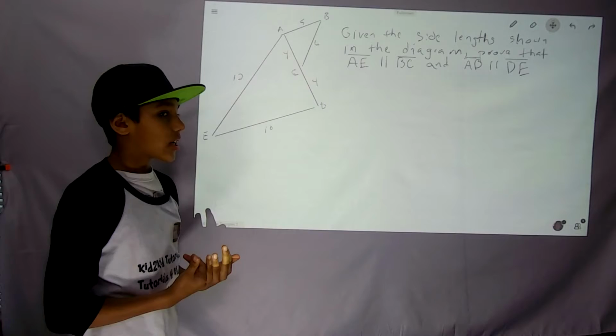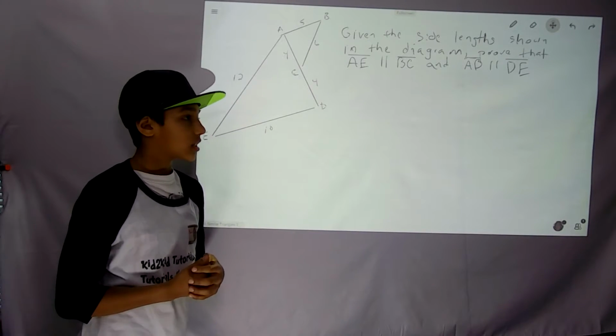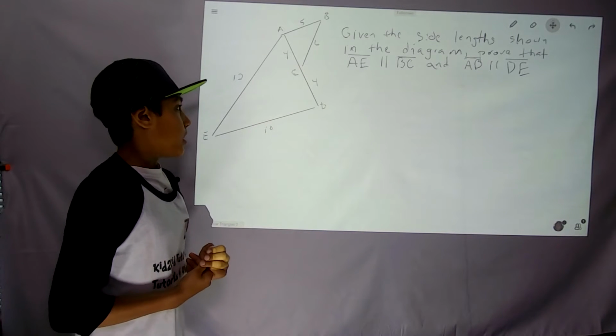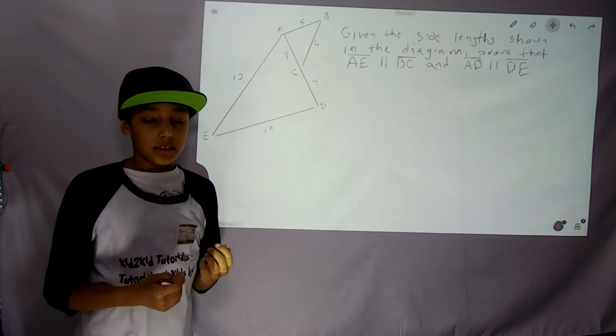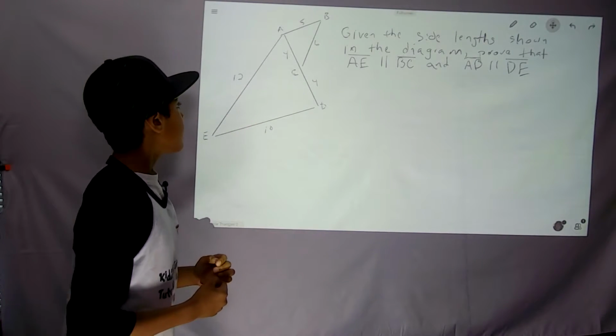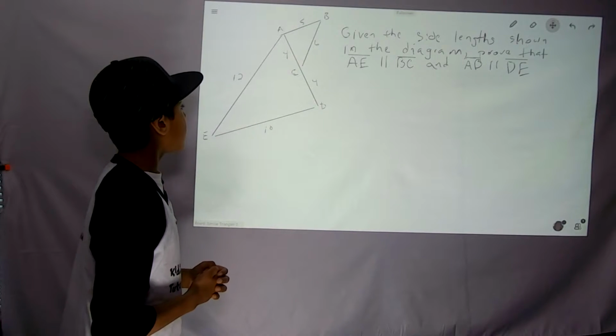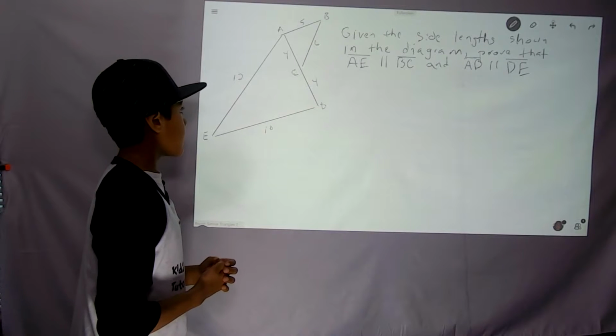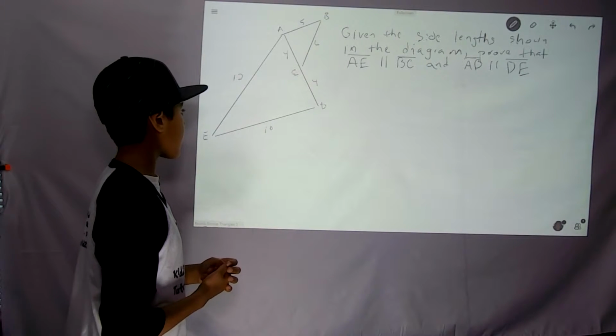So let's try to find the common ratio first to show that these triangles are similar by side similarity. First, side AB corresponds to side DE.